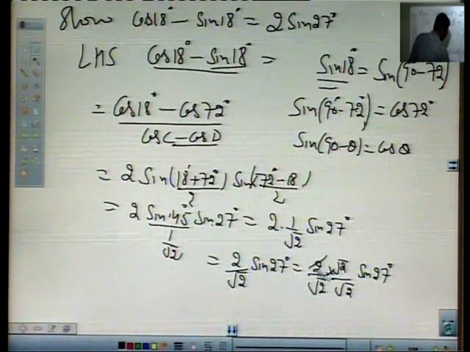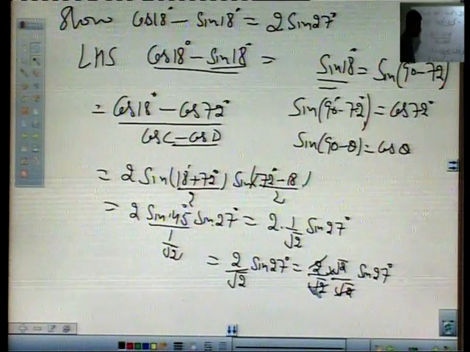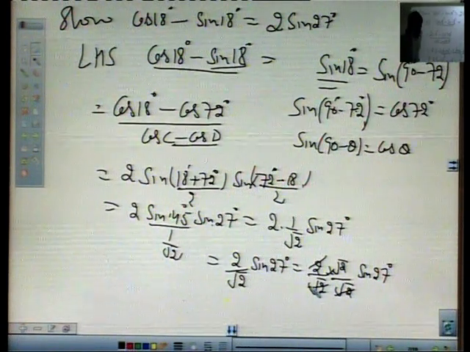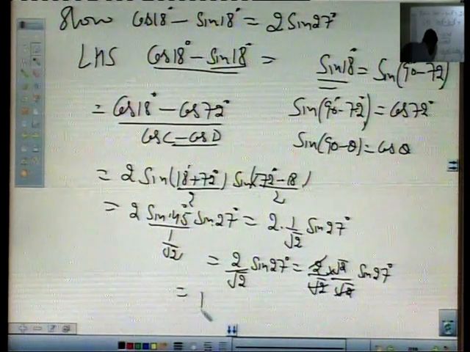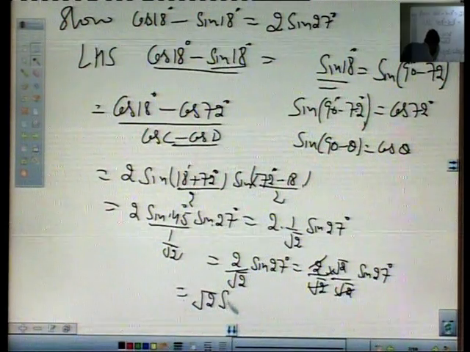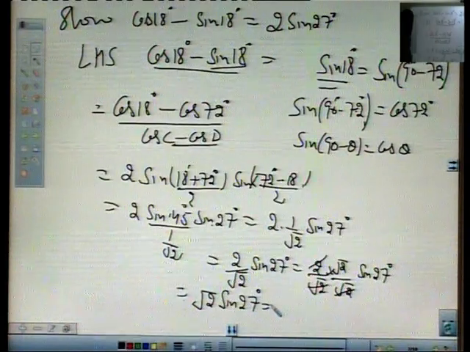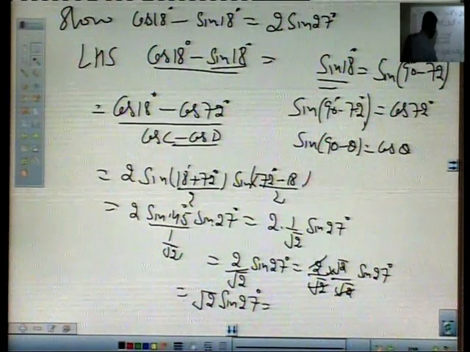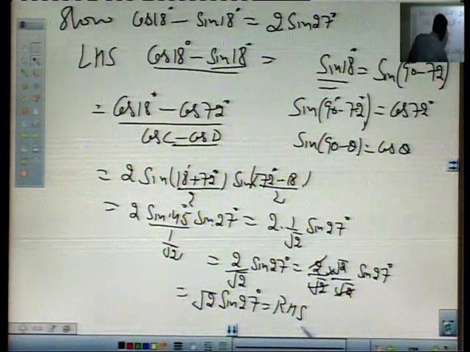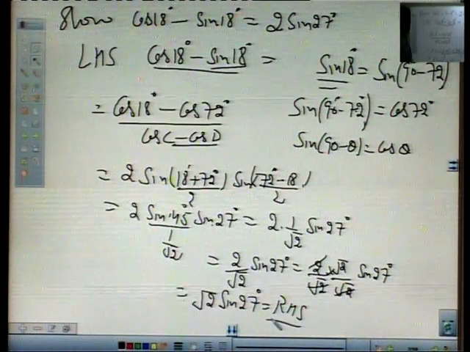Here this 2 gets cancelled with under root 2 into under root 2. So we have under root 2 sine of 27 degree, which is the required right hand side. Now let's try another example.